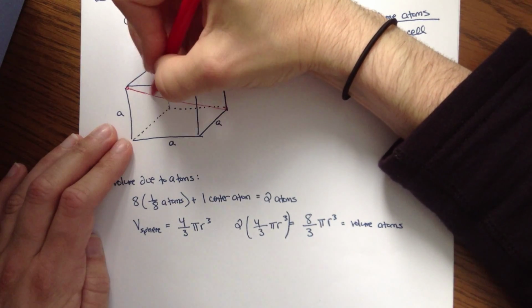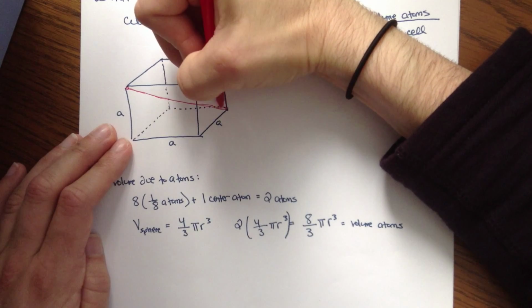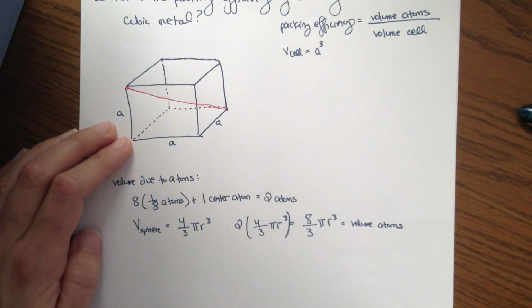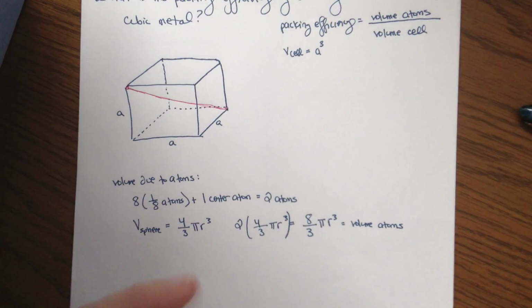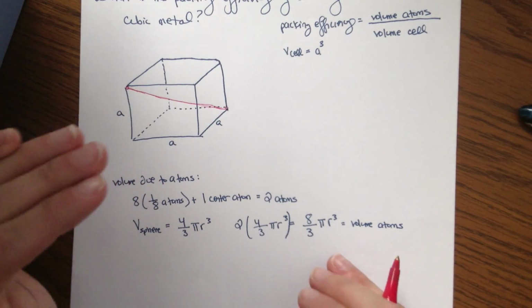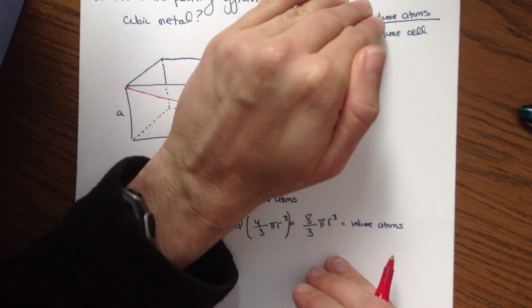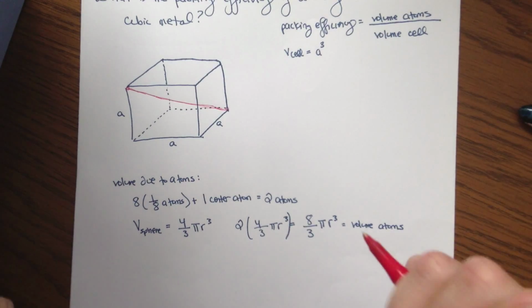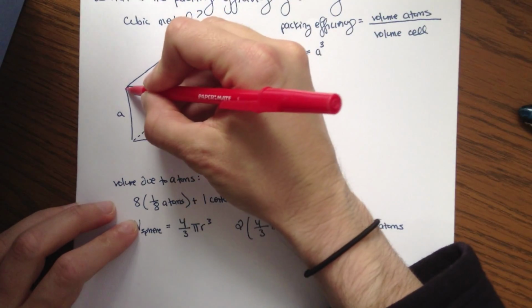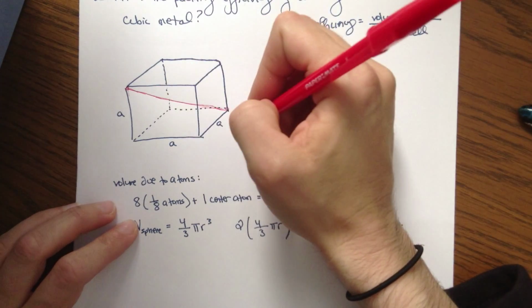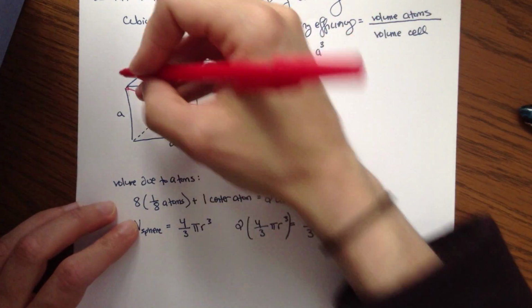I'm passing right through that central atom, through the body of the cell. You have to think in 3 dimensions here. I'm starting at the front top, and going down and back to pass through that atom. That's going to be the hypotenuse of the triangle.